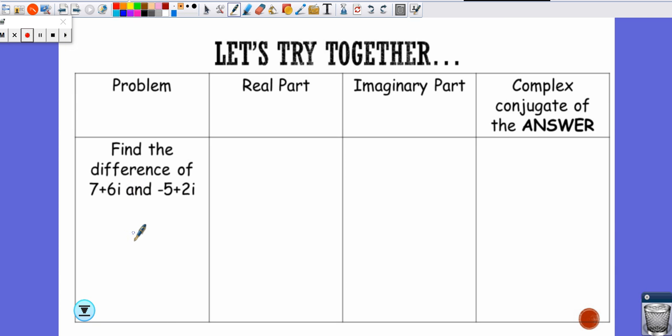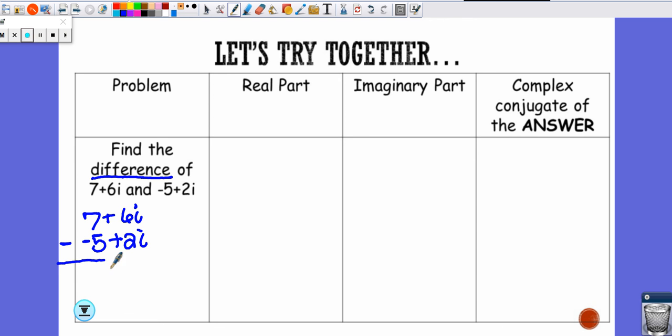This one says find the difference of 7 plus 6i and negative 5 plus 2i. Difference means the result of subtraction. So 7 plus 6i, and since it said difference, I'm going to say minus, and then put negative 5 plus 2i.